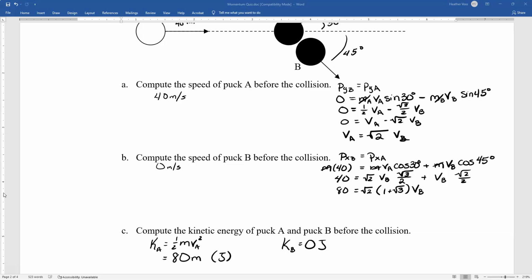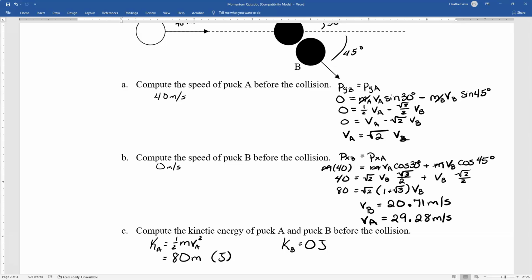And I'm going to get that velocity of B is going to be 20.71 meters per second, which means that velocity of A is going to be that times the square root of 2. So that's going to be 29.28 meters per second.